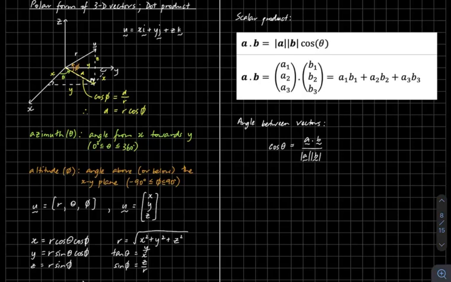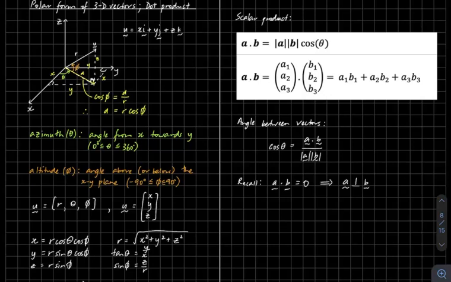Also remember some very important results, particularly the idea that if the dot product of two vectors is 0, it implies that they are perpendicular.